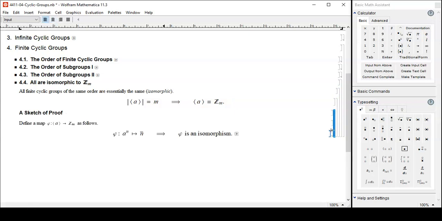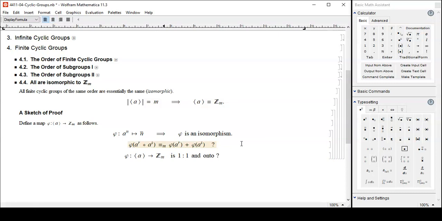Basically, we can define a map from this cyclic group to Zm, where m is the order of this cyclic group, like this, a to the nth power as n bar. And then you have to prove these two.